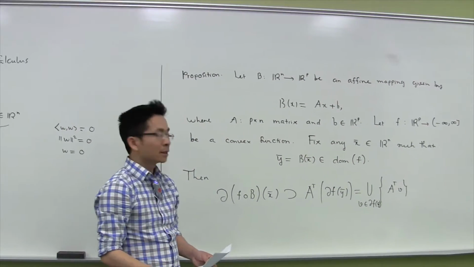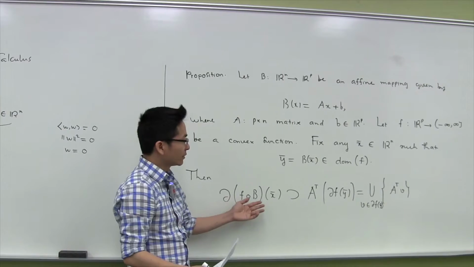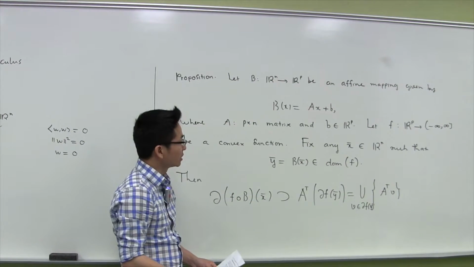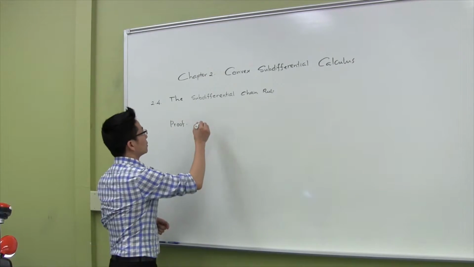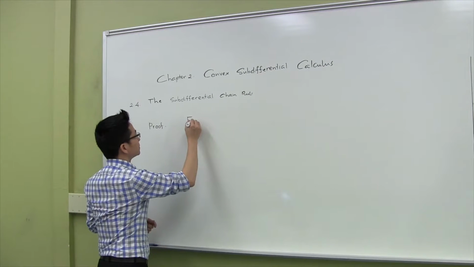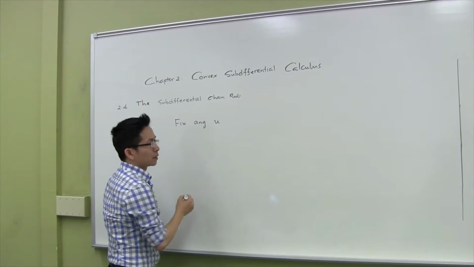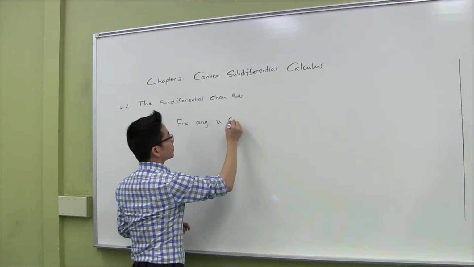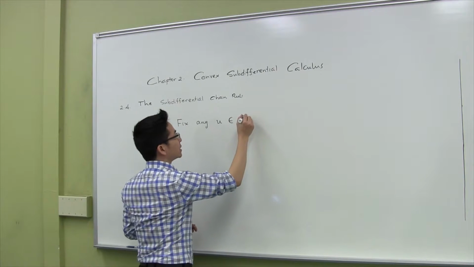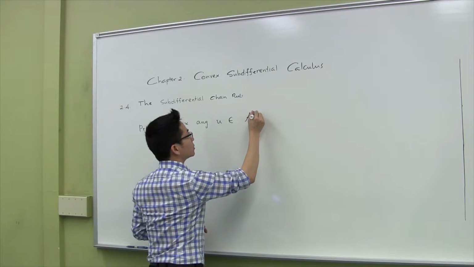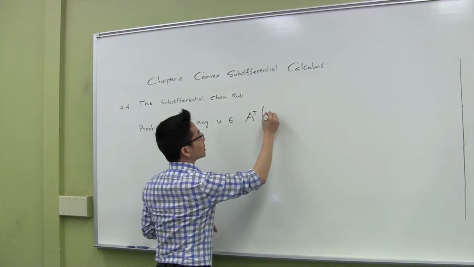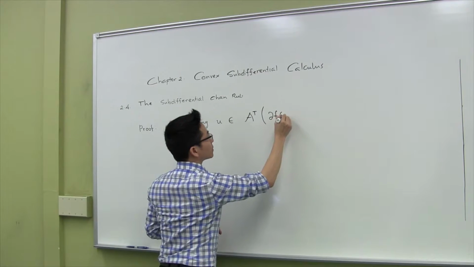Okay? So let me go ahead and give the detailed proof of this proposition. We fix any u in this set, A transpose of the subdifferential of f at y bar.